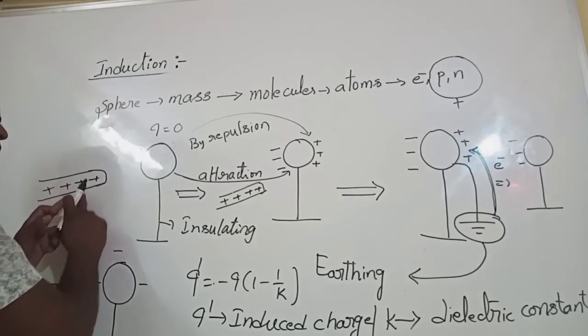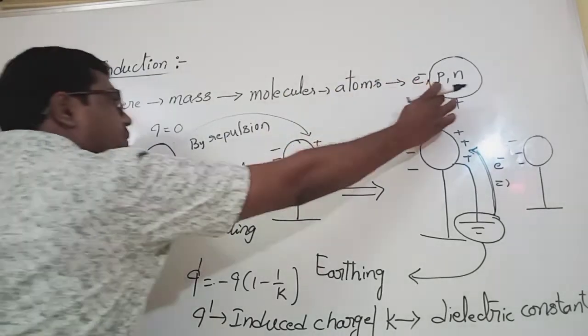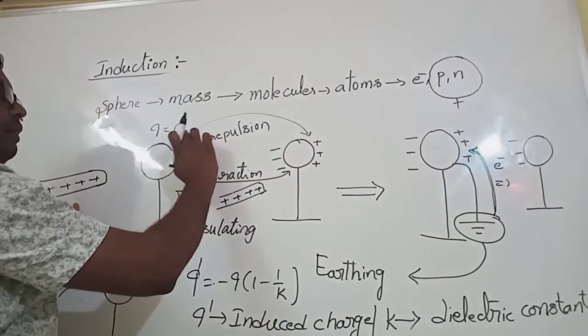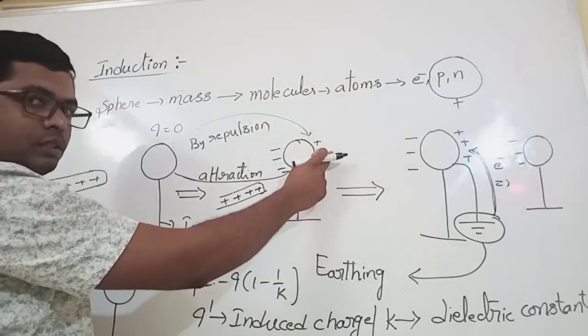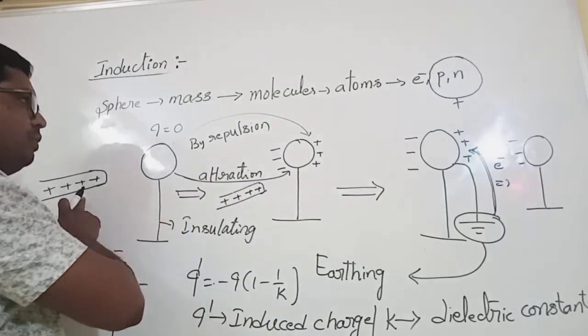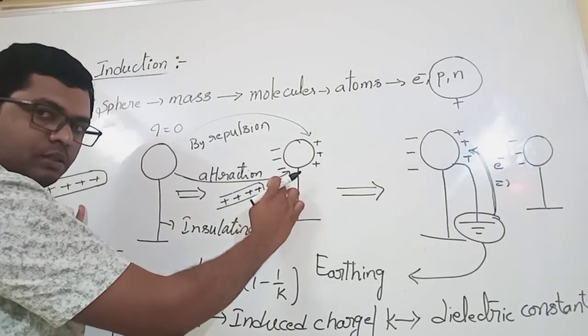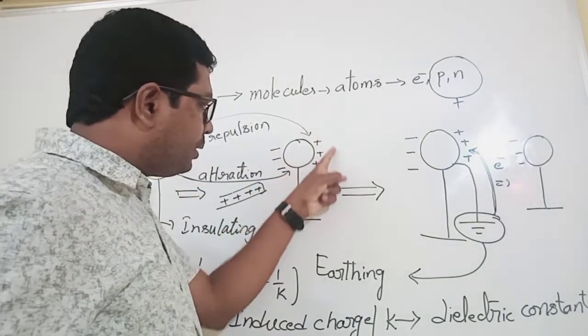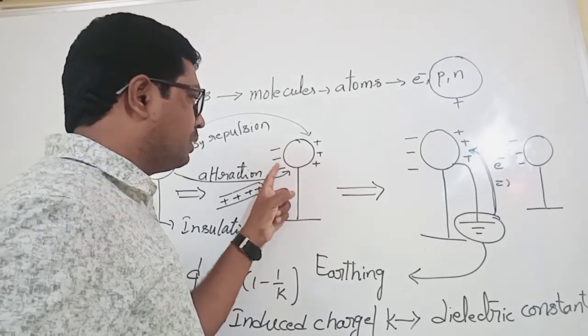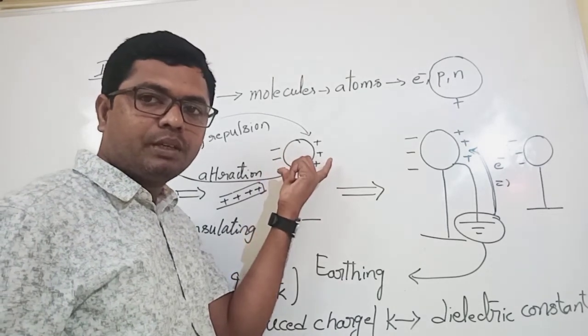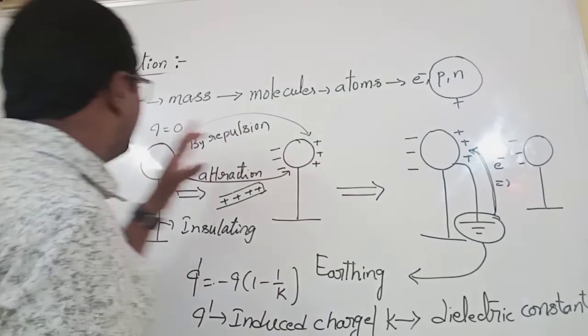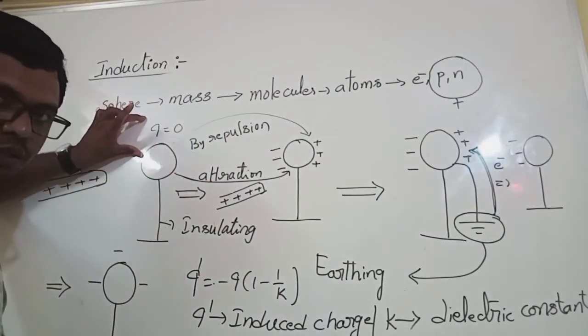This positive and this positive are repelled by repulsion, and it moves to the farthest side. This positive and these electrons are attracted, that is why this is the nearest side. But 3 positives are there, 3 negatives are there. Total charge upon this sphere is equal to 0.